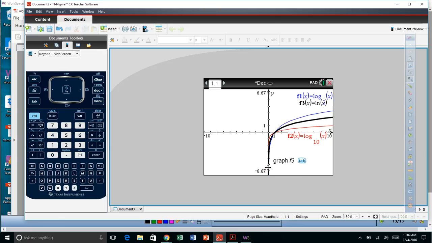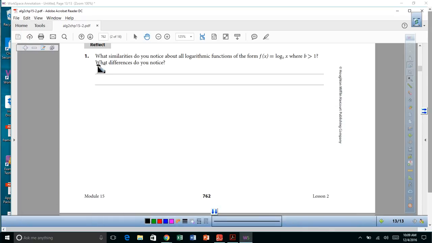They all get real close to 0 here on the x-axis. They're all increasing. The only difference is the rate that they increase. So the difference is the rate of change.